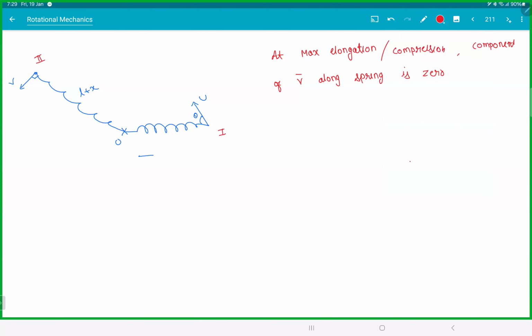Energy conservation. Energy in state one is equal to energy in state two. Initial energy is half m u square, and the spring compression is zero. Final energy is half m v square, and the spring elongation gives half k x square. Torque about O is zero since the spring force passes through it.